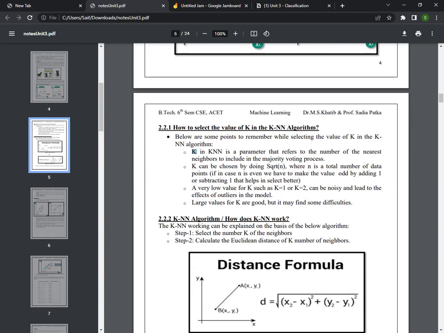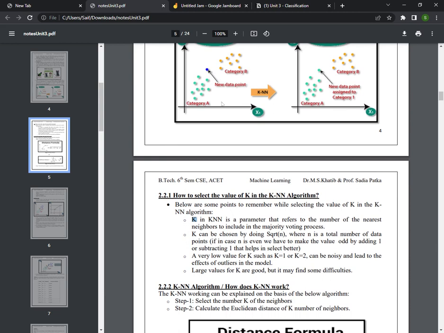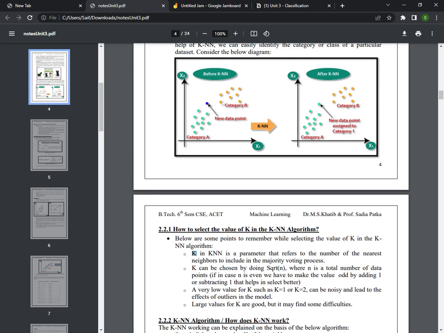So if we take one or two, it can be noisy and lead to the effects of outliers in the model. Large values of k are good, but we may find some difficulties. We should always go with a large number of k, but we can find a little difficulty with it. That's another issue. But if we take one or two, we will definitely find an error.